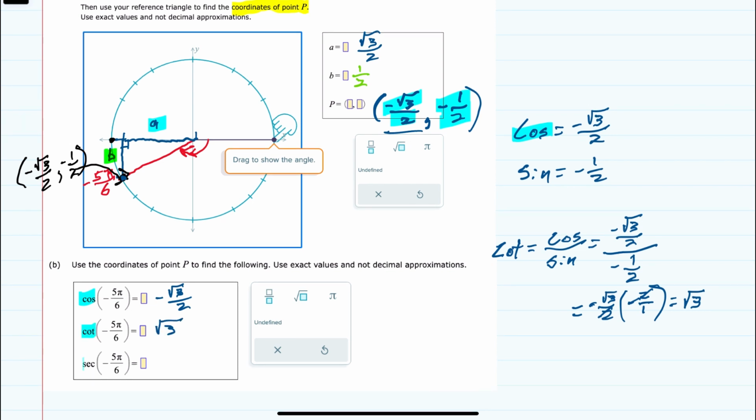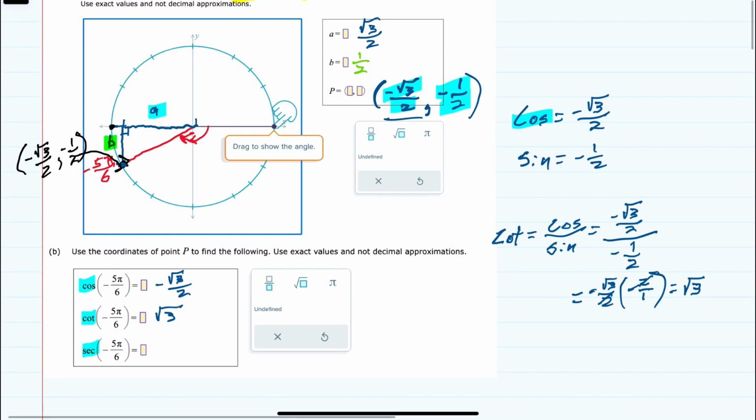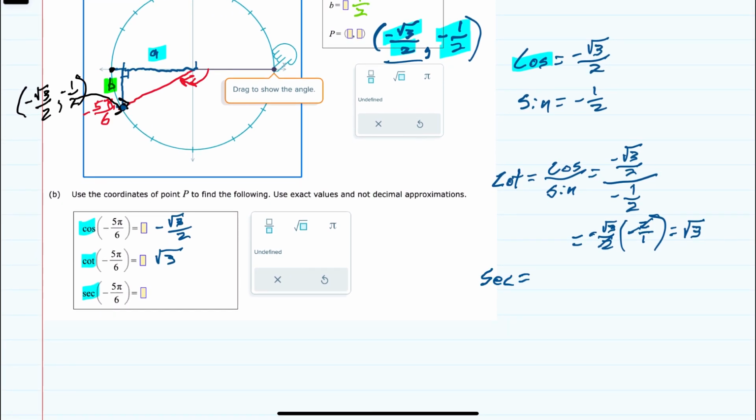Lastly, we're asked for the secant, and we know that secant is defined as 1 over the cosine, and since our cosine is the negative square root of 3 over 2, this is 1 over the negative square root of 3 over 2, or negative 2 over the square root of 3 when we take that reciprocal.